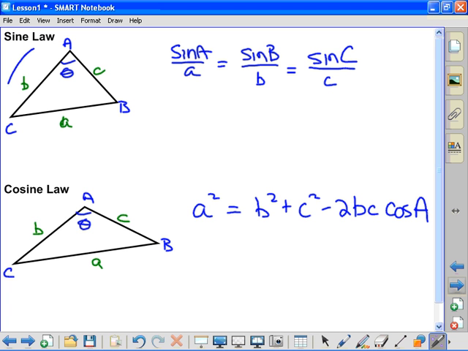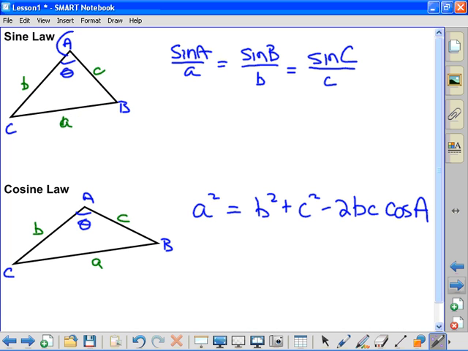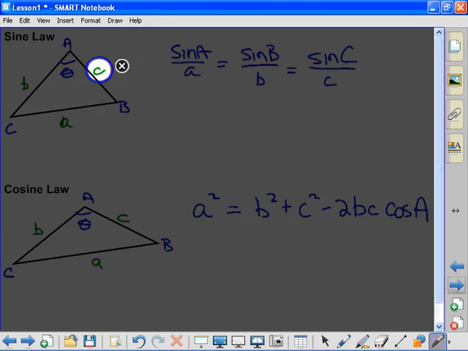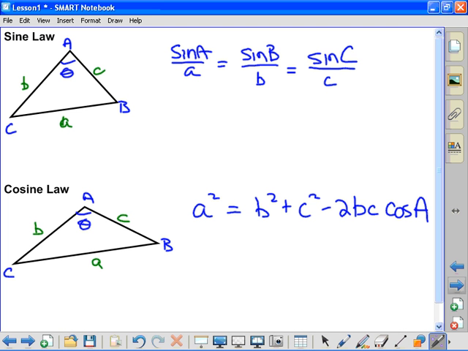Please make sure that, A, you know how to label a triangle properly. You put uppercase letters on the corners, so A, B, and C, capitals are on the corners. And your lowercase letters, or your small letters, go on the sides that correspond with the capital across.